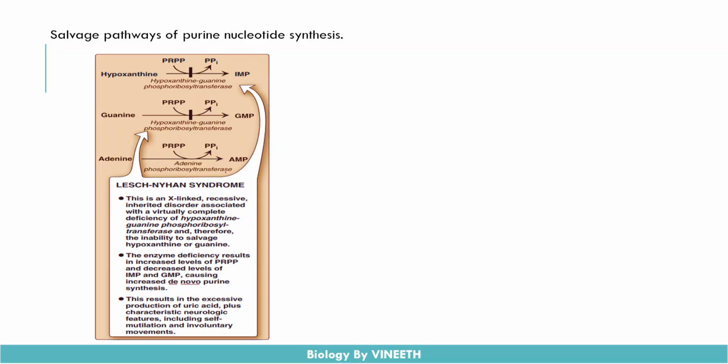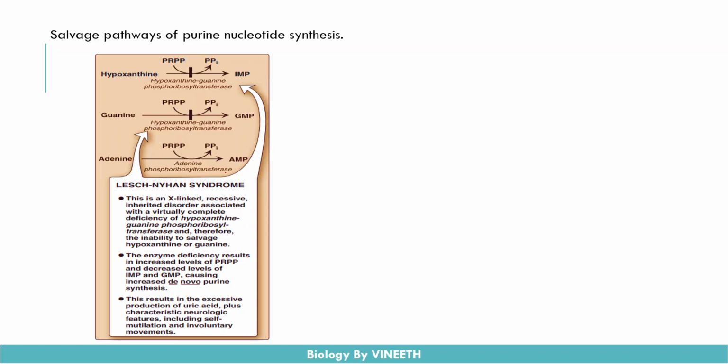Low activity or deficiency of this enzyme results in decreased levels of IMP and GMP, and that will be a toxic condition for the individuals. That will result in a lot of neurological disorders and also excessive production of uric acid.